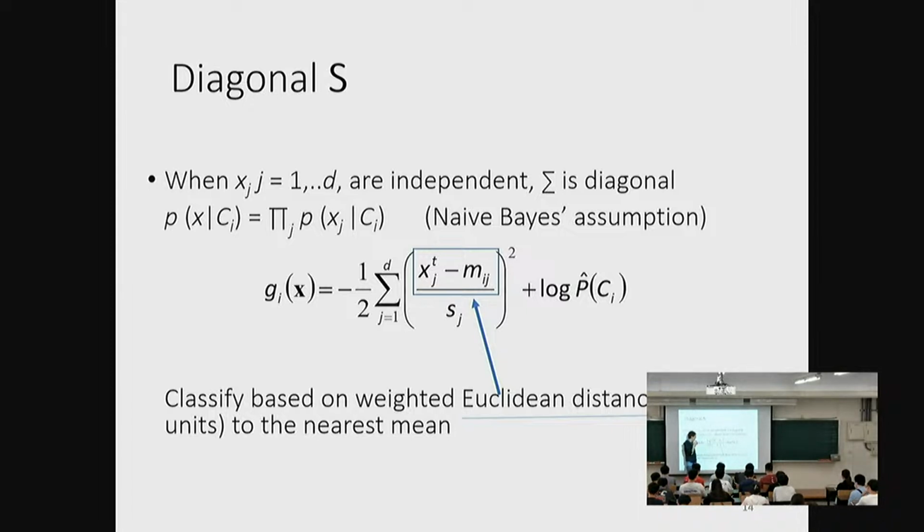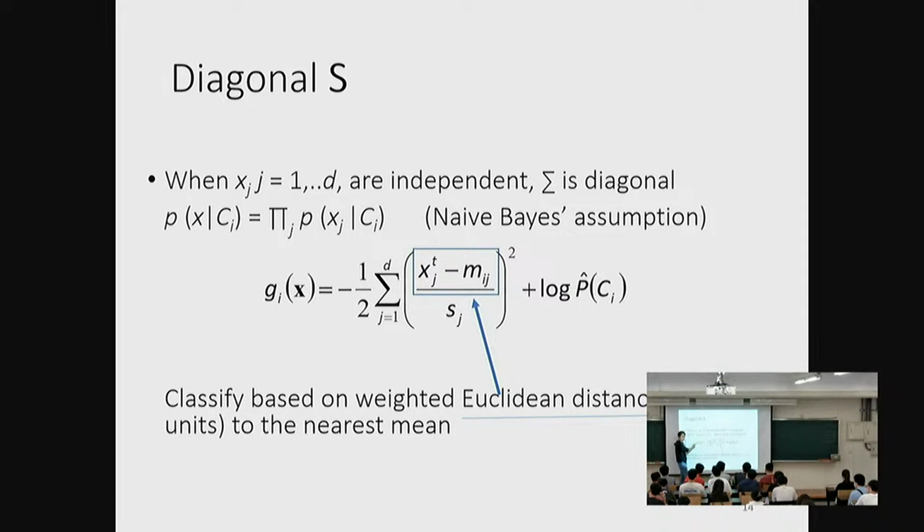Again, with this formulation, when you're trying to say my x belongs to the ith class, you pick the one with the largest value, meaning the smallest distance to the ith class. If the weighted sum of my sample's features to the ith class is the smallest, it gives me the largest discriminant function, and I classify it to that.